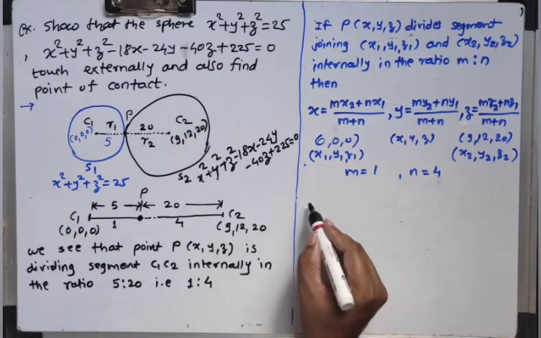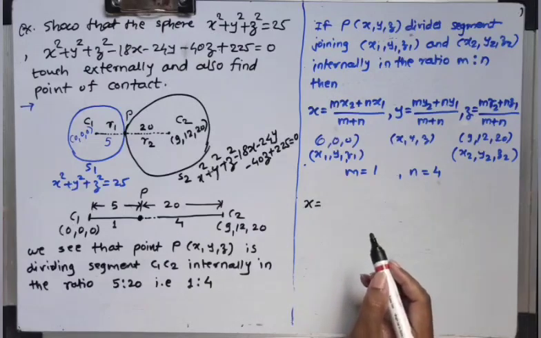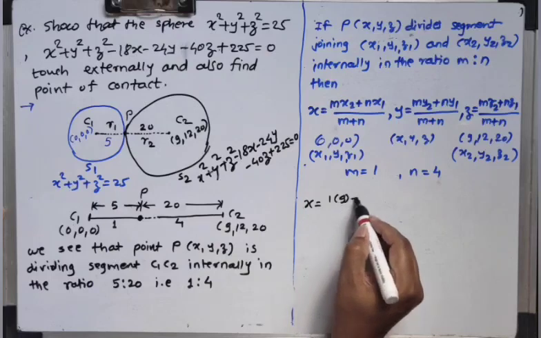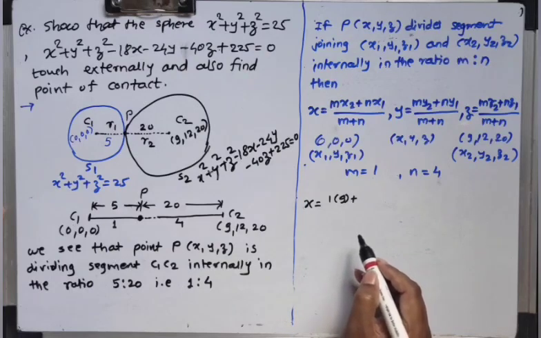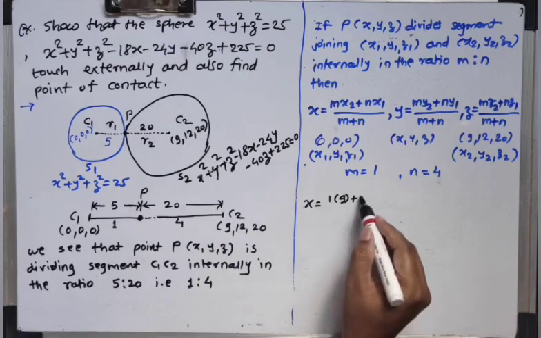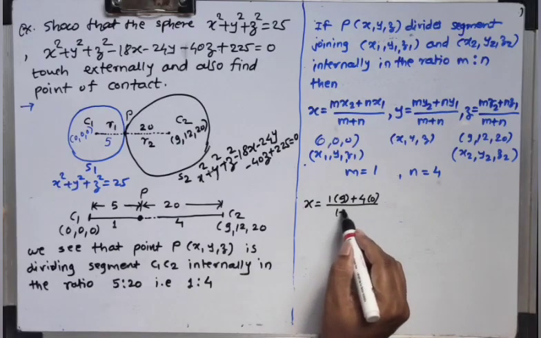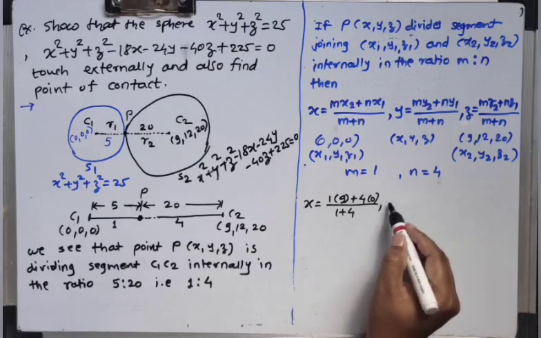So using that, we have x coordinate as mx2, that is 1 into 9, plus n x1, that is 4 into 0, divided by m plus n, that is 1 plus 4.